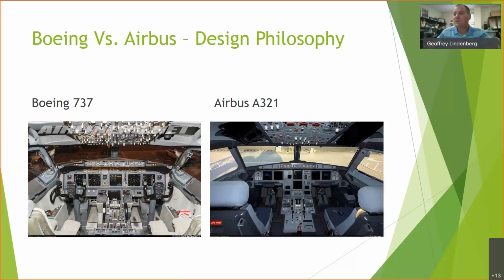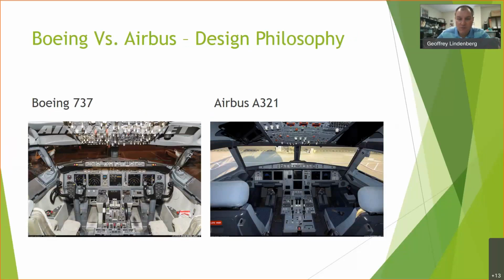In terms of design philosophy, with the two big names in large commercial aircraft, Boeing versus Airbus, they do have slightly different design philosophies, and this is shown in the setup of the flight deck as well as how some of the systems work on board the aircraft.